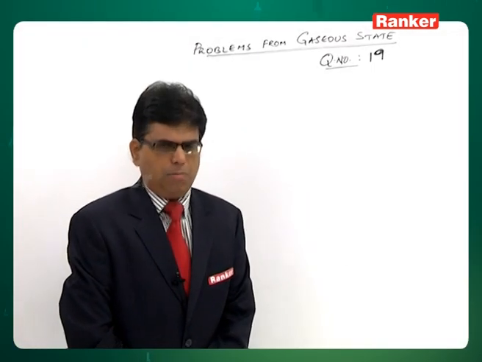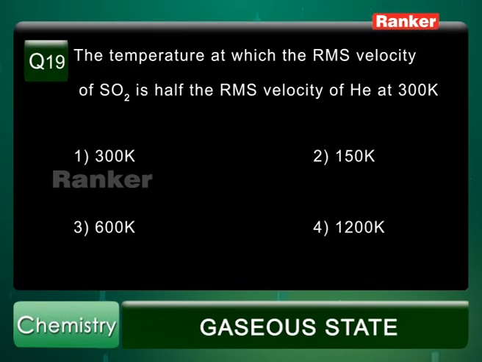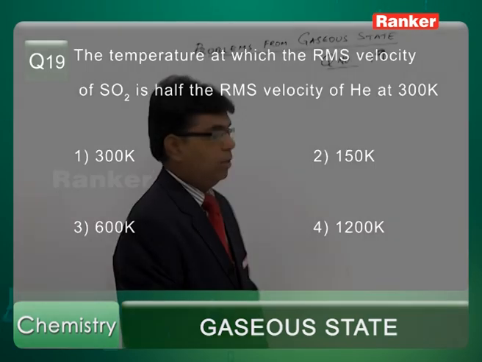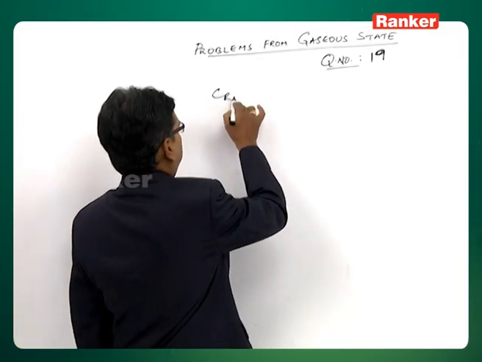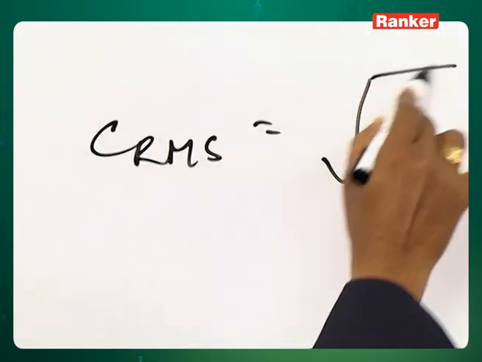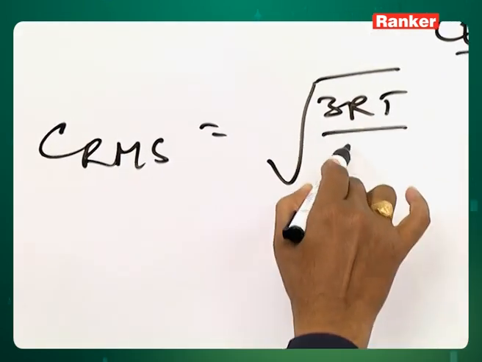Now, let us look at question number 19. Question number 19 is again related to the molecular velocities, specifically RMS velocity. Now, in this question it is given that temperature at which RMS velocity of sulfur dioxide is half the RMS velocity of helium. So, RMS velocity, as in the previous question we have seen, is equal to under root 3RT by m.